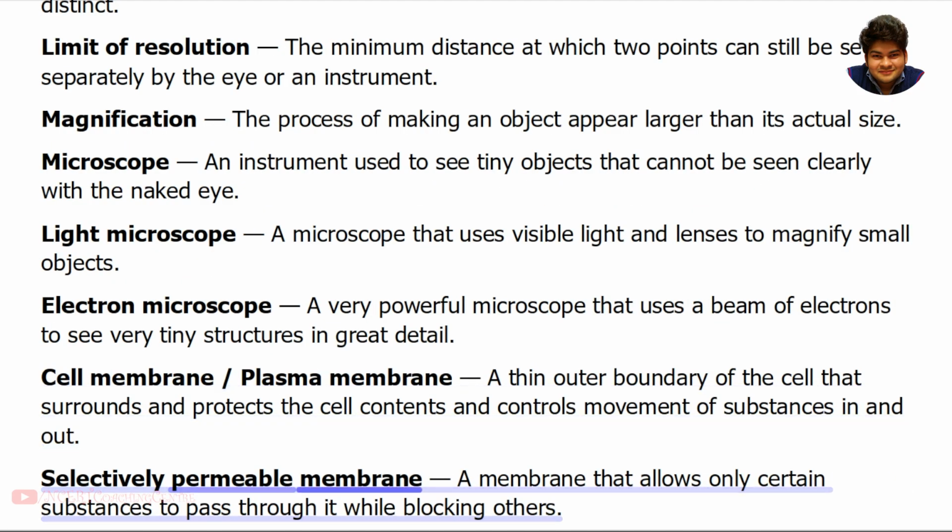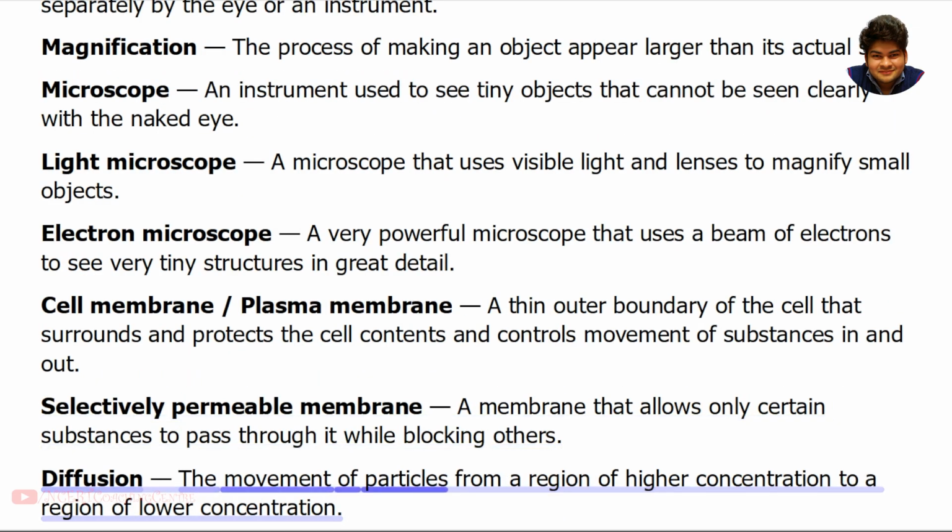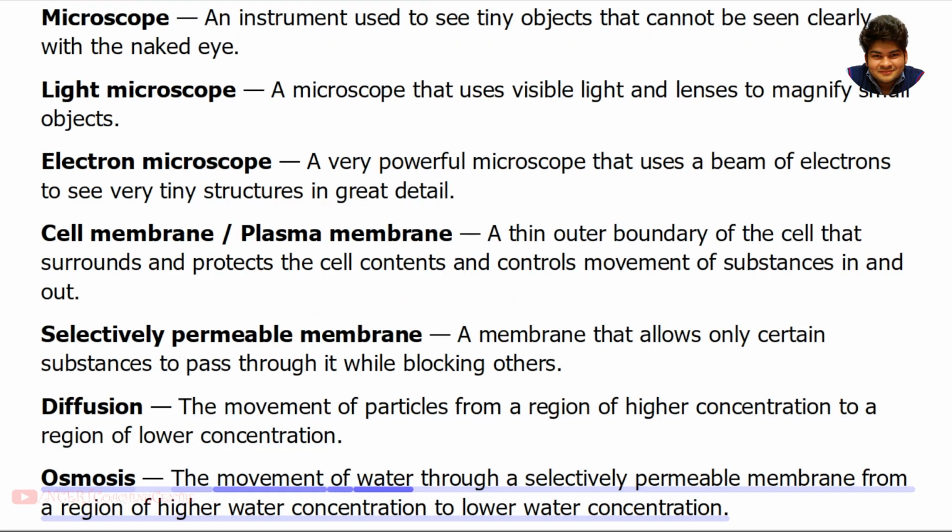Selectively permeable membrane, a membrane that allows only certain substances to pass through it while blocking others. Diffusion, the movement of particles from a region of higher concentration to a region of lower concentration. Osmosis, the movement of water through a selectively permeable membrane from a region of higher water concentration to lower water concentration.